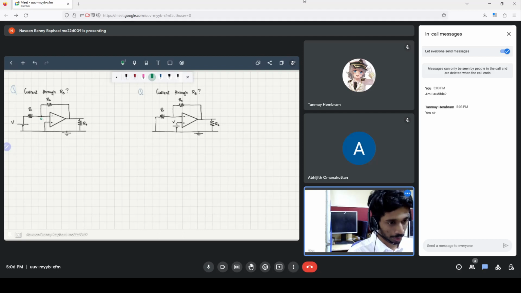Since the potential at this point is zero, we know that the current through this resistor, let's call that I1, from the famous equation V is equal to IR, the current through resistor 1 will be V input divided by R1.